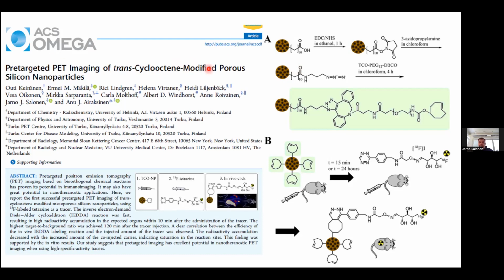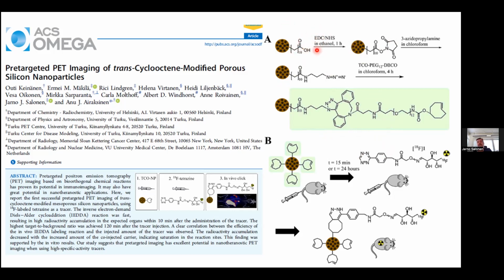This is one example I just picked up of how these particles are functionalized. So there are several steps.